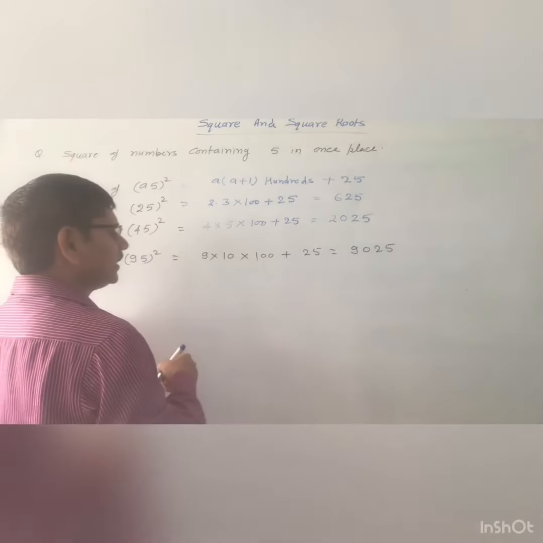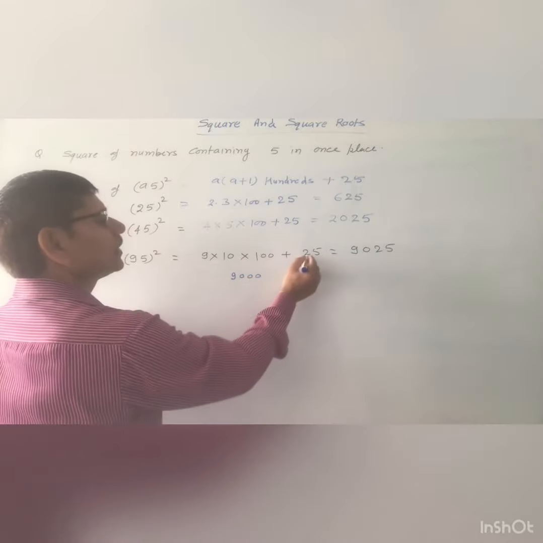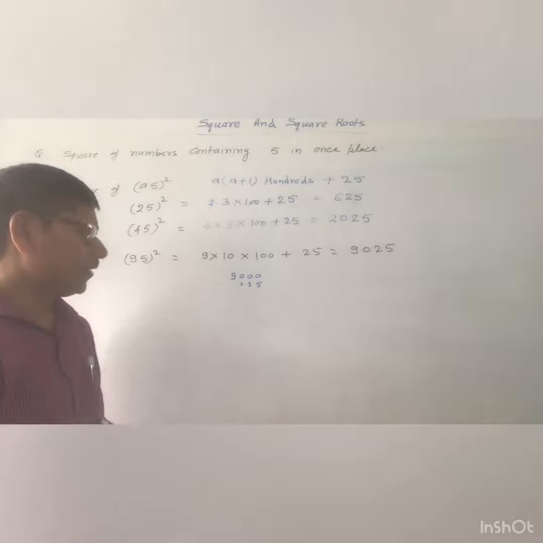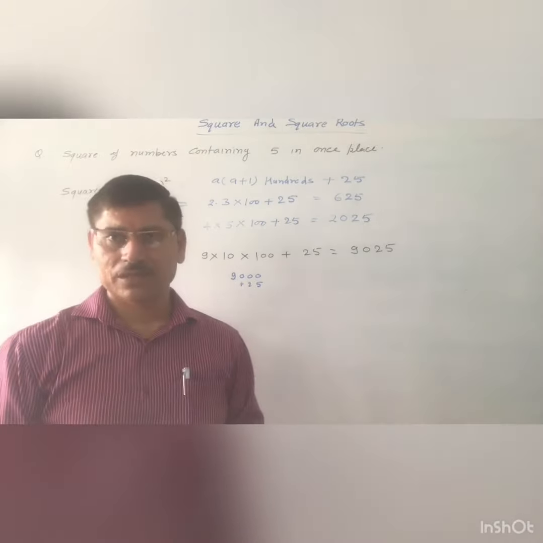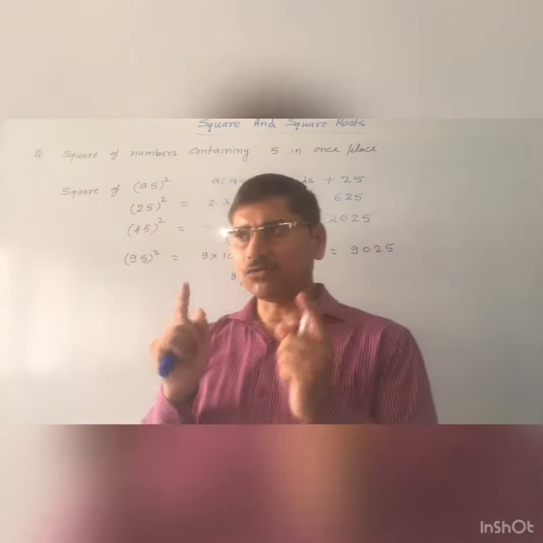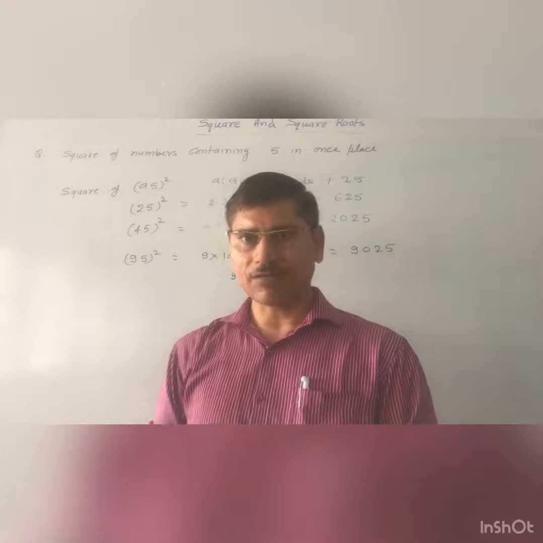Because 9 10 the 90 and 00 means 9000 and plus 25, so this is 9025। So you can find the square of any number in which one's place digit is 5, clear?